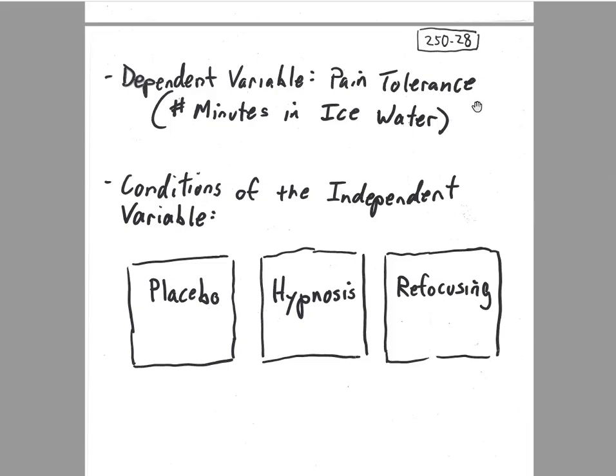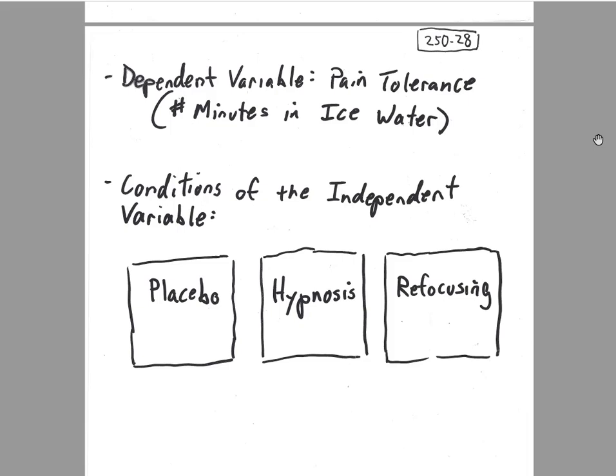So you're going to do an investigation in which your dependent variable is pain tolerance being measured as the number of minutes that a person can keep their arm submerged in a bucket of ice water. Now, if you've never done this, it's actually more painful than it sounds like. In your laboratory, you have a 5-gallon bucket filled with ice water, and several trays of ice.